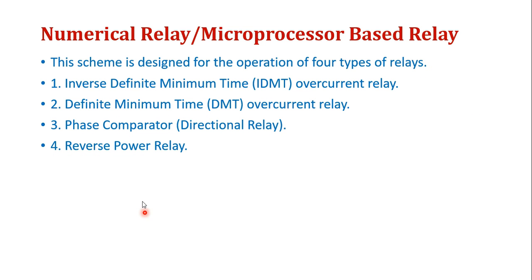So numerical relays are of different types depending on the application: inverse definite minimum time over current relay, definite minimum time over current relay, phase comparator, reverse power relay. Similar to static relays, different types are there.